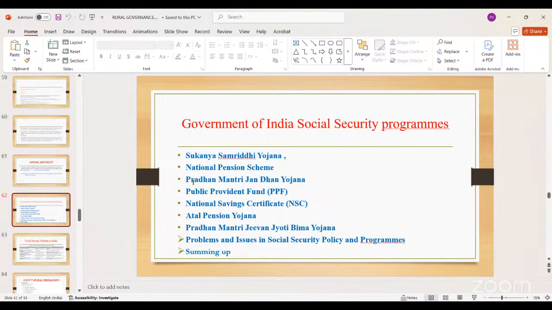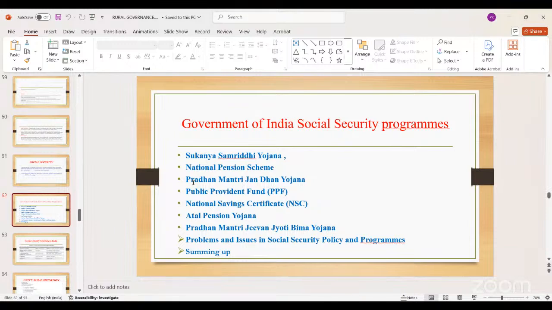So this yojana offers basic monetary services like saving account, deposit account, insurance, pension, remittances after opening an account. So there is no minimum and maximum contribution for this scheme, and it provides zero balance saving accounts as well, debit card facility, and accident and life cover of some amount.